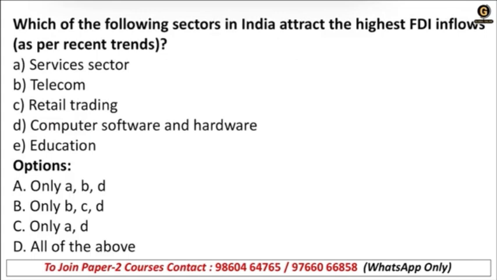Next, which of the following sectors in India attract the highest FDI inflow as per recent trends? Service sector, telecom, retail trading, computer software and hardware, and education. See, this question is most important.